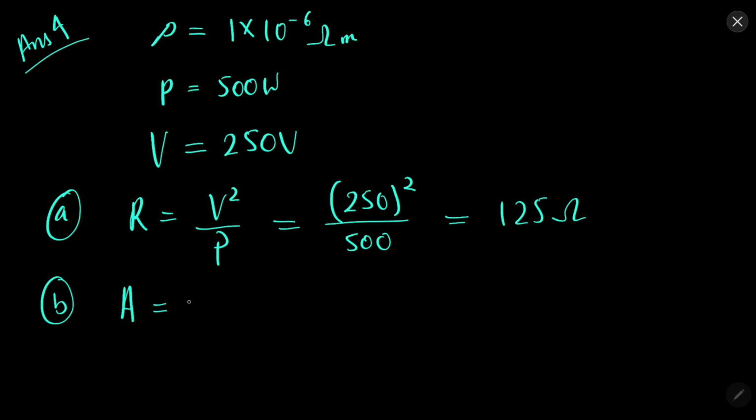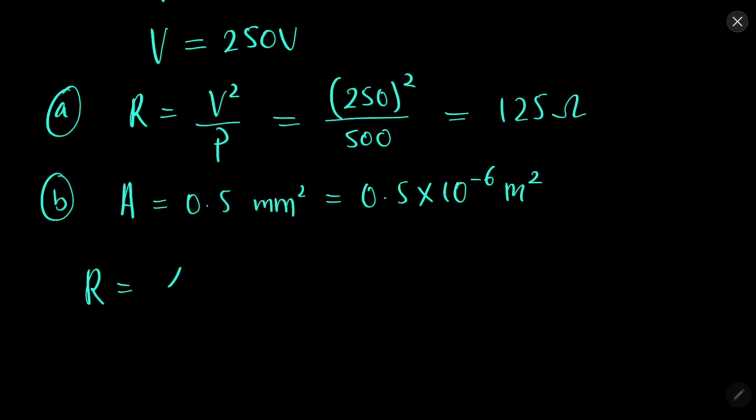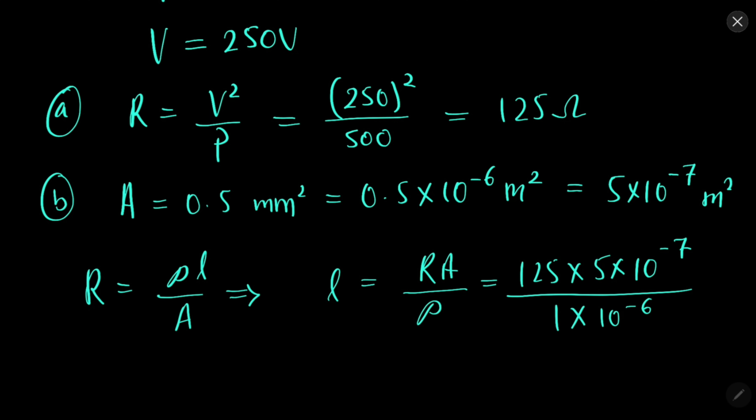Then area is given, in meter square it will be like this. So resistance we know is rho L by A, so length will be R A over rho. 125 into 5 into 10 to the power minus 7 over resistivity, which is 1 into 10 to the power minus 6.